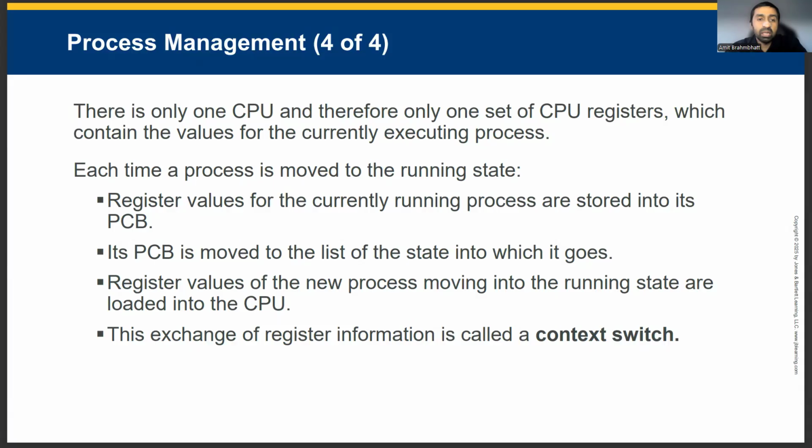This exchange allows processes to pause and resume smoothly. Although necessary, context switching has overhead, so efficient scheduling aims to minimize excessive switching. You may pause the slide and read through the different states the process moves into.